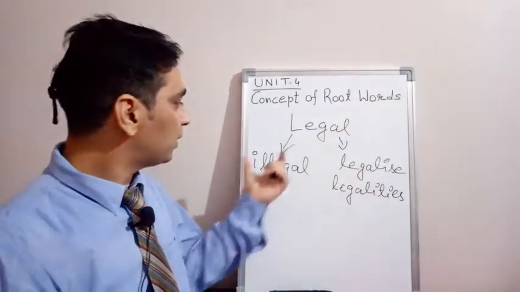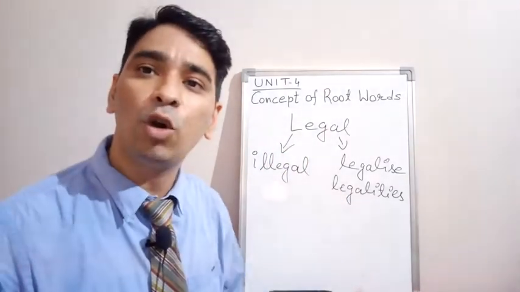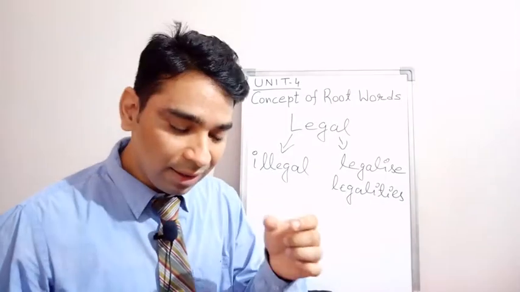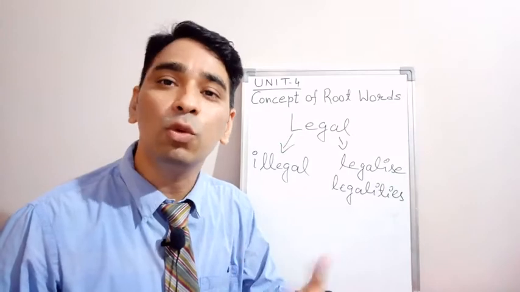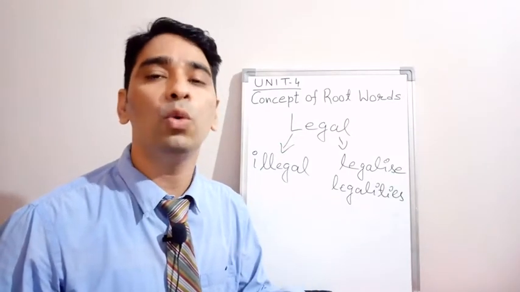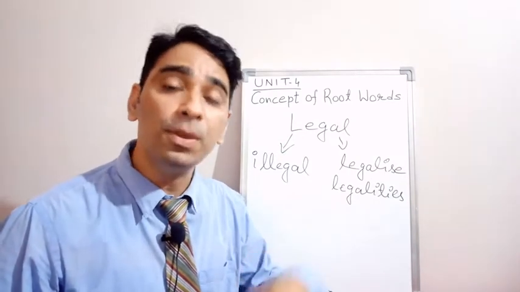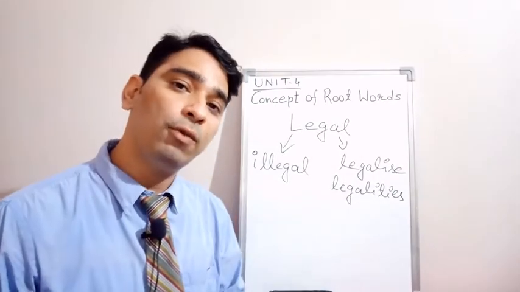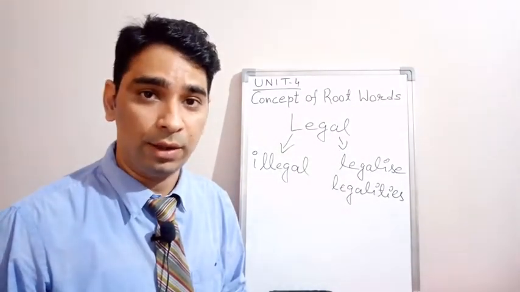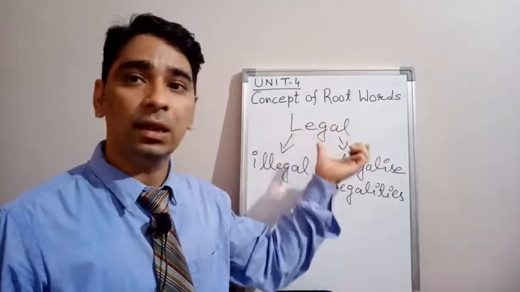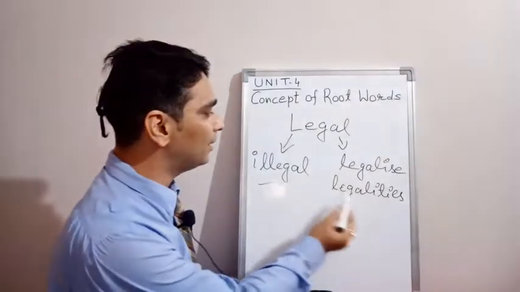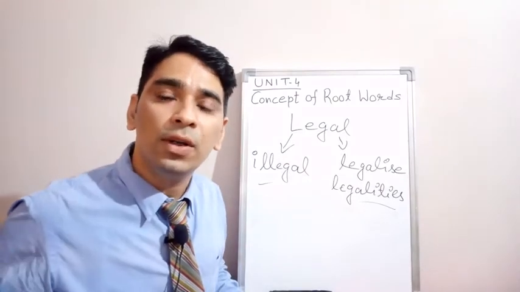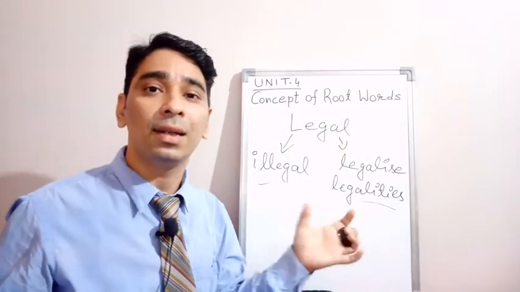Now, as far as this process is concerned, we call it affix. Affix means to add something to a word in order to get a new word or a better meaning of that word, so that we can use that particular word in a different way or in a more appropriate way, right? The word is legal. So illegal, legalize and legalities are words from the root word legal.